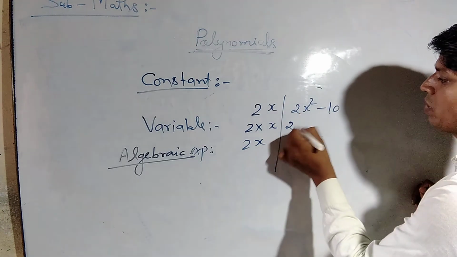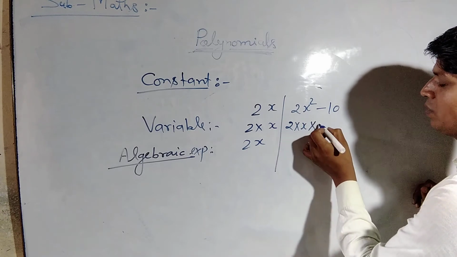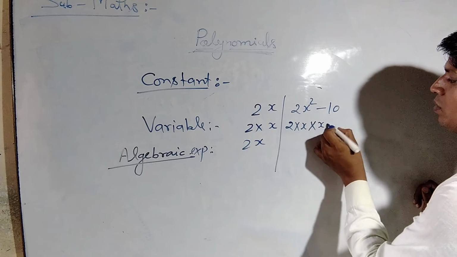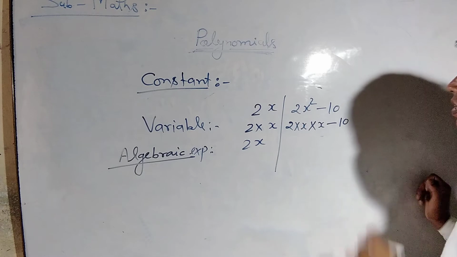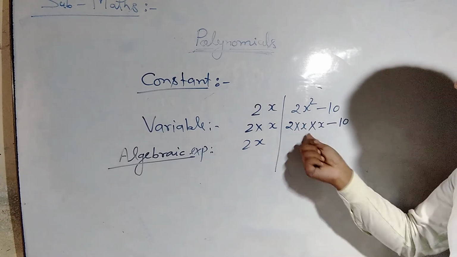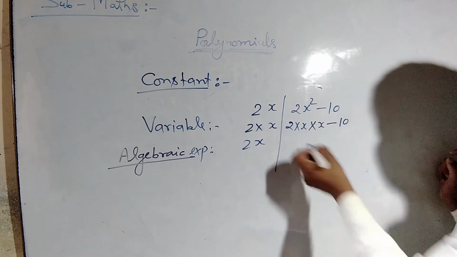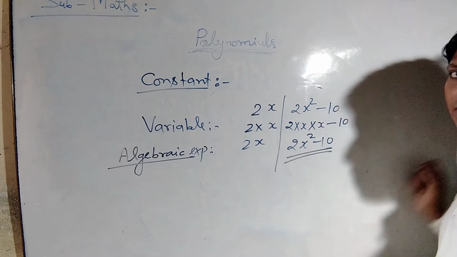Here 2 is connected to x by multiplication, x is connected with x by multiplication, and x square is connected with 10 by subtraction. Both are connected to each other with the help of mathematical operations. This is an algebraic expression.